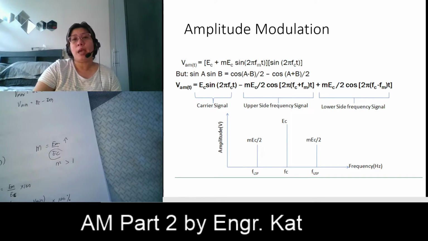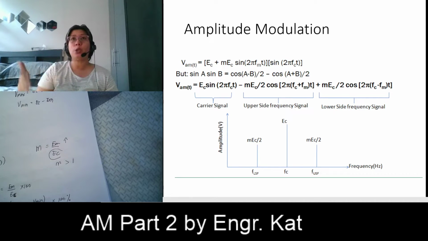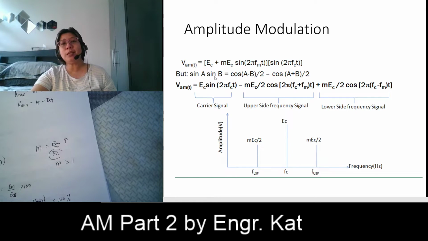We can use FC as your A and FM as your B because of the sum and the difference, because FC is always greater than your FM, of course. So this will give you cosine A minus B over 2 minus cosine A plus B over 2. So this is plus and this is minus.